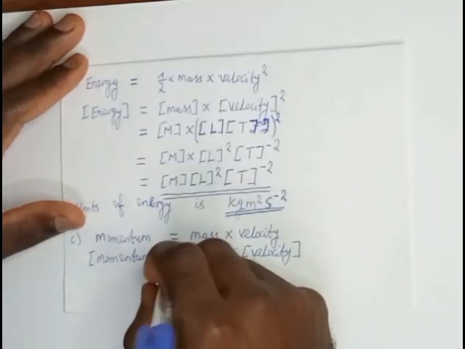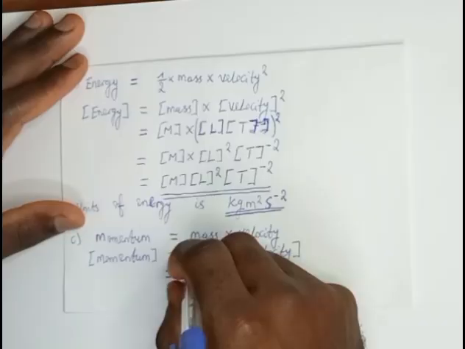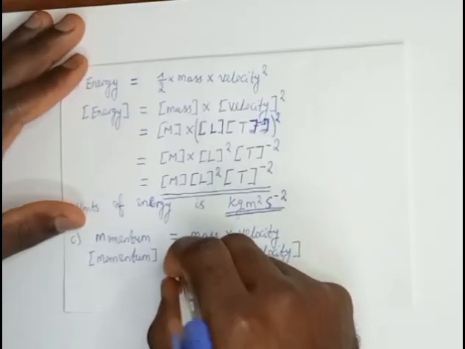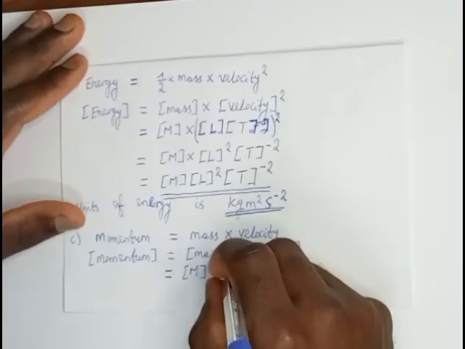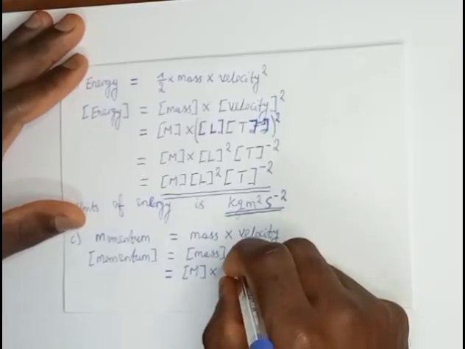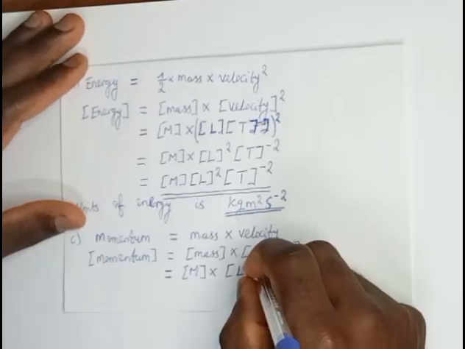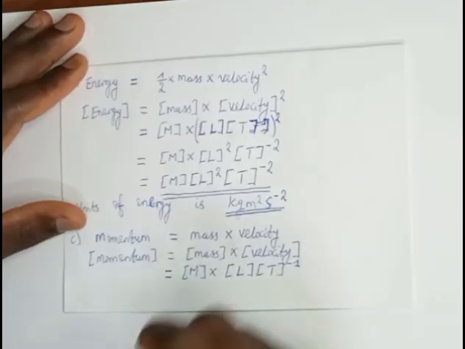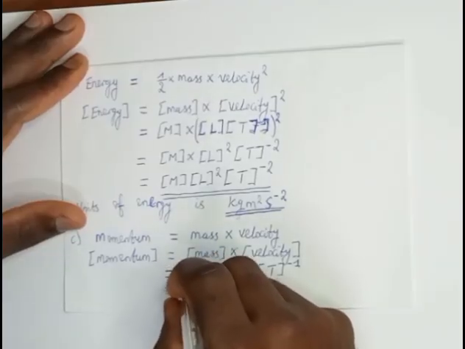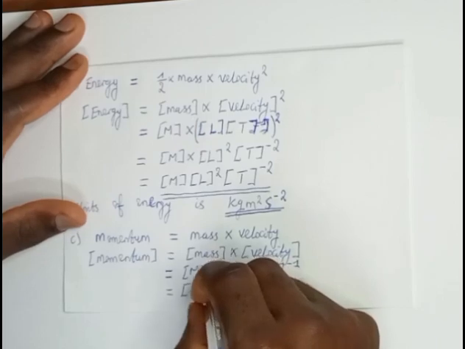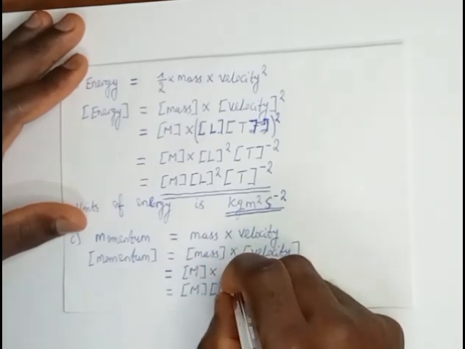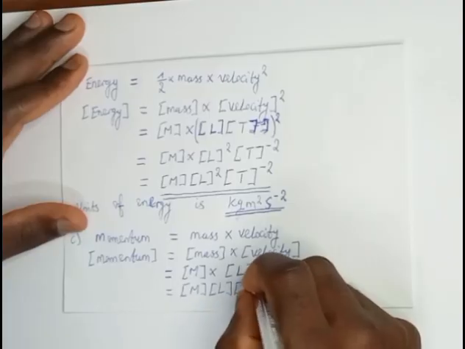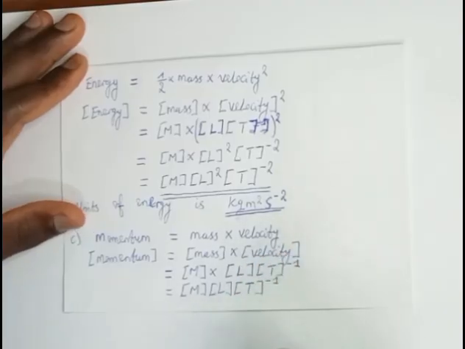And this will be equal to the dimension of mass, which is m, times the dimension of velocity, which is L, times t to the power -1. So this will be equal to m L t to the power -1.